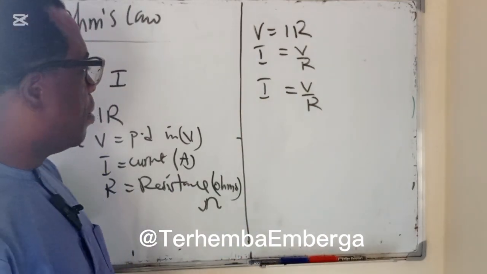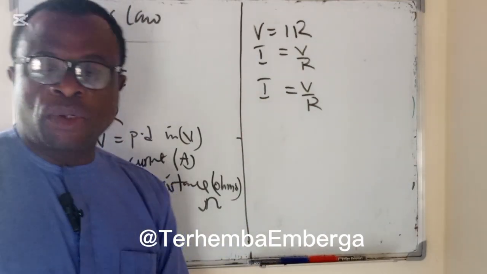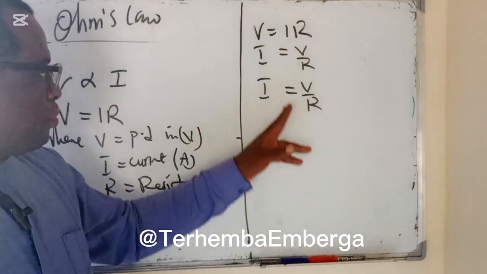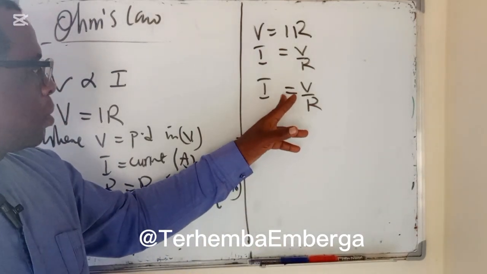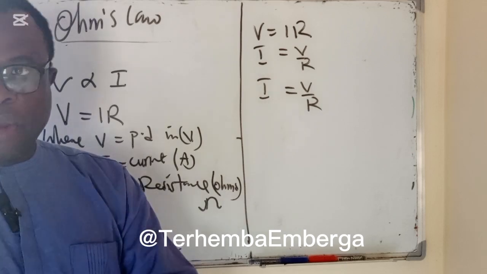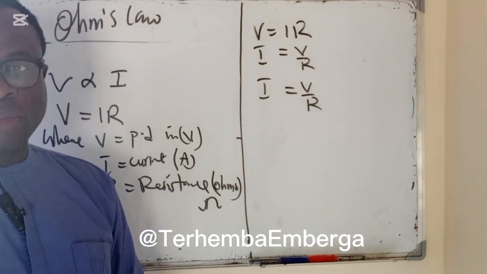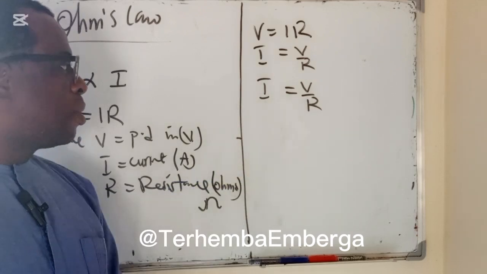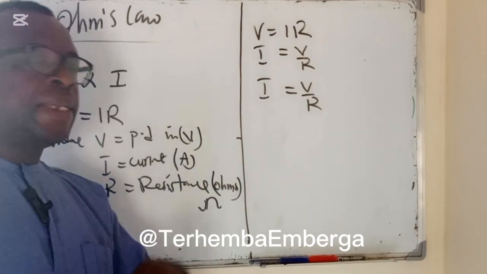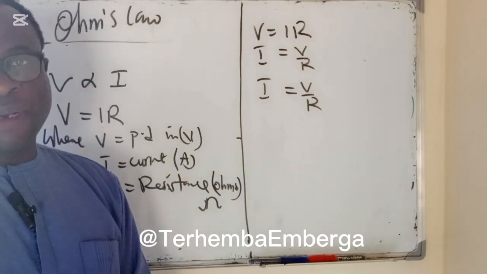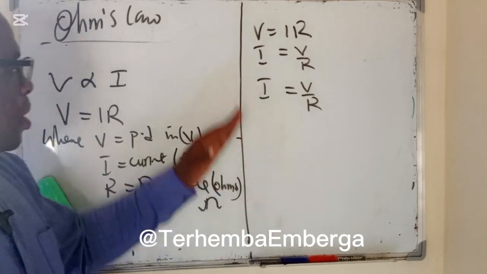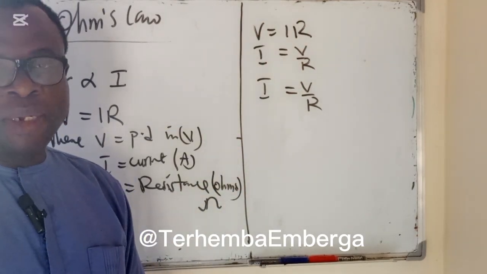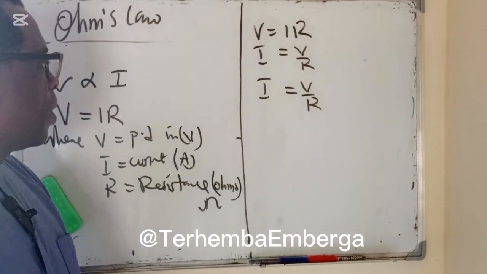So these are the implications. A good conductor allows current to pass through, and the resistance is low. For a bad conductor, the resistance becomes high and a small amount of current will pass through it. So in our next class, we'll look at how we can use this formula to solve our problems.